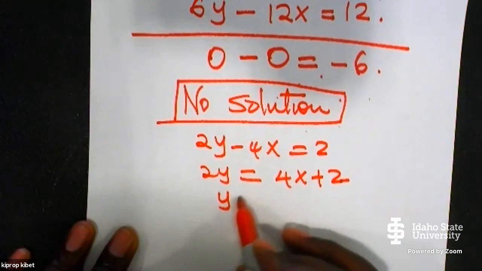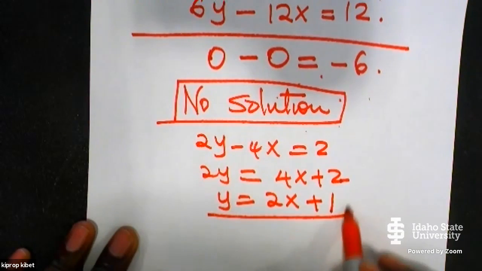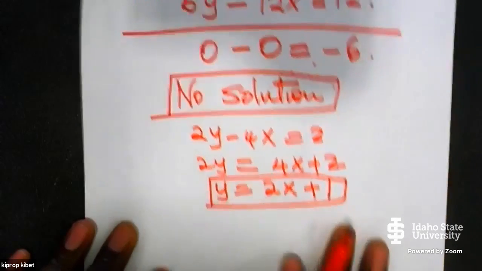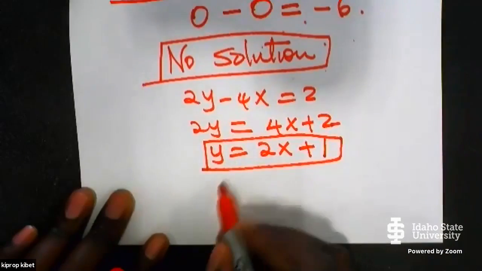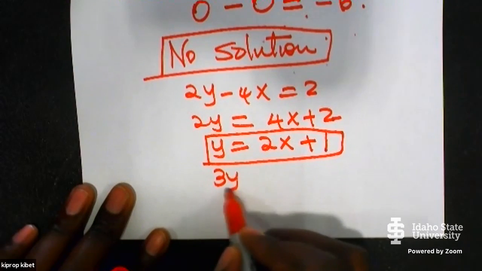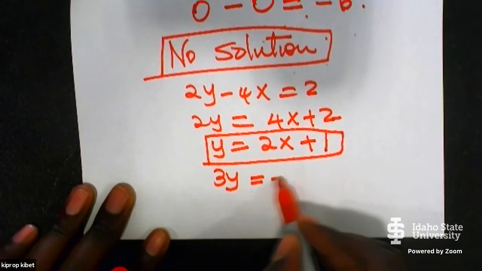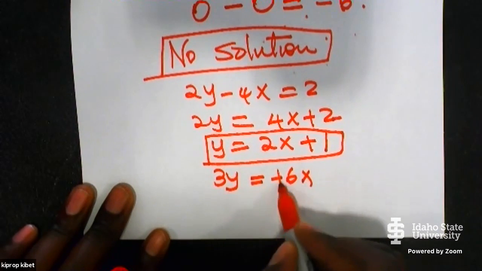So y equals 2x plus 1. That one is the first equation. When we write the second one in terms of y equals mx plus c, we have 3y equals 6x plus 6.